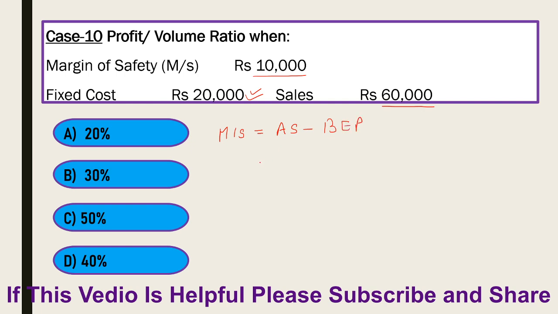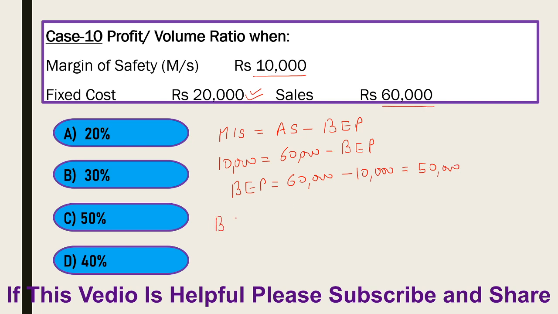Now, when we calculate margin of safety with this formula, here margin of safety is 10,000, actual sales 60,000, and the missing value is break-even point. When we calculate break-even point here, our break-even point is 60,000 minus 10,000 equals 50,000.